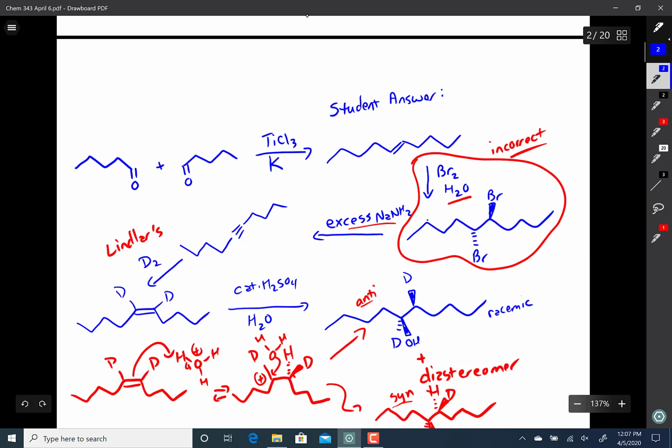Okay? That's part of the reason why this is incorrect. The other reason why it's incorrect is because a nucleophilic solvent was used. Water. And that has some drastic consequences.